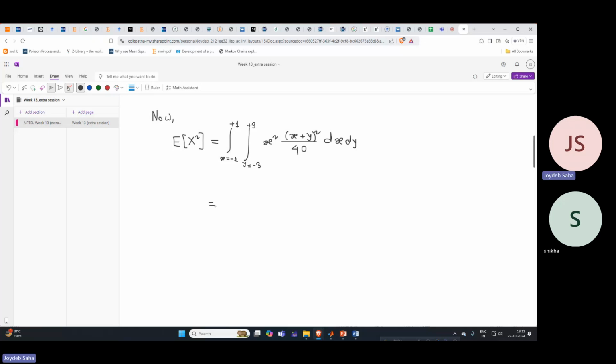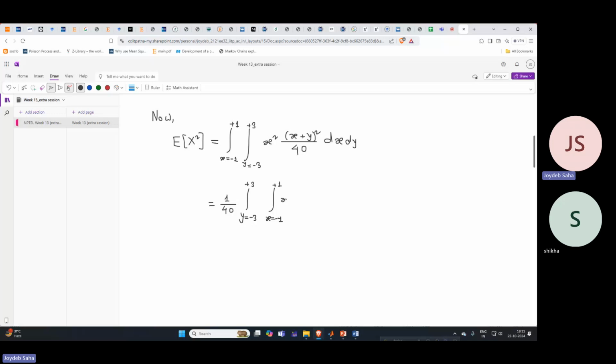So this value will be 1 upon 40, integral y is equal to -3 to +3, integral x is equal to -1 to +1, and what will be this value?